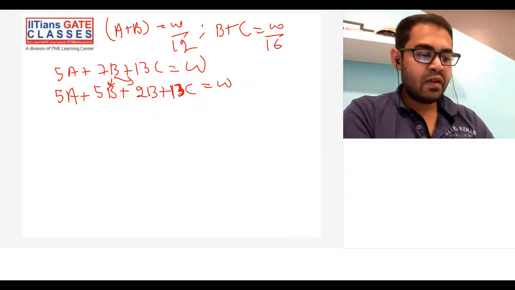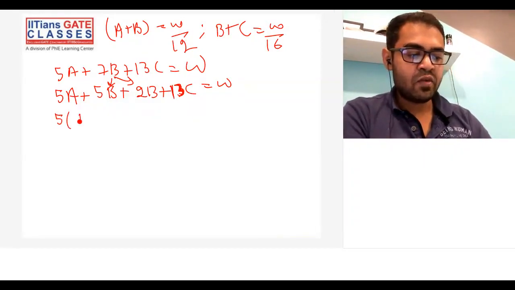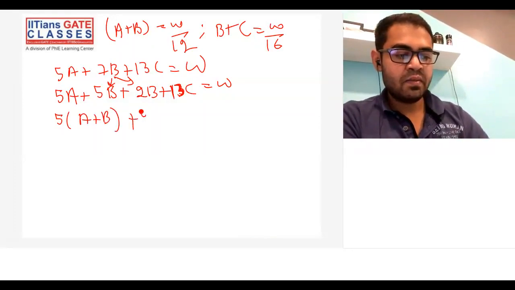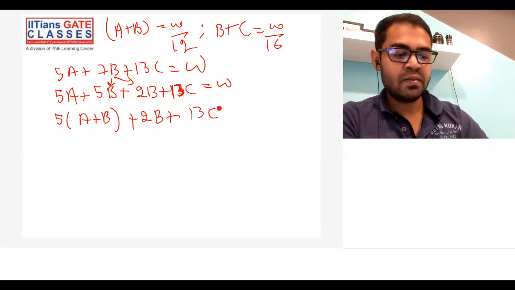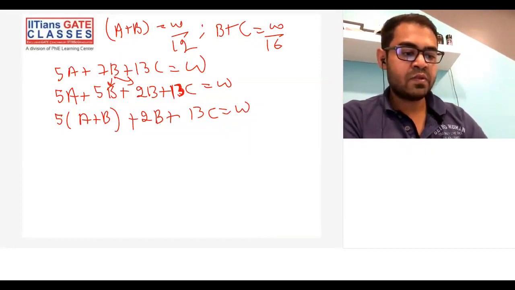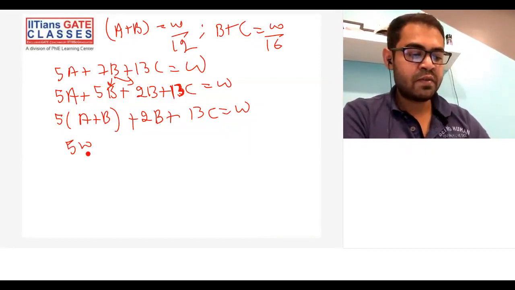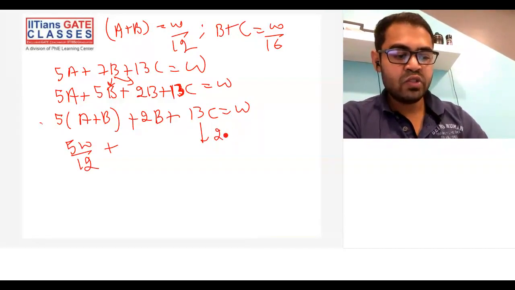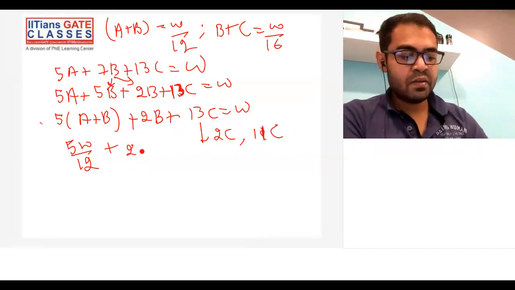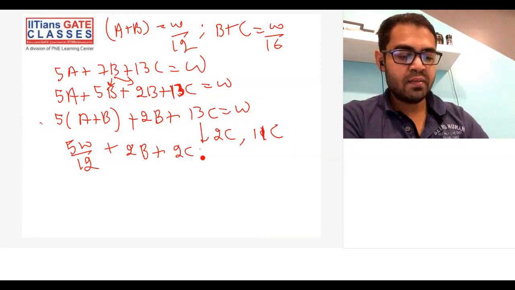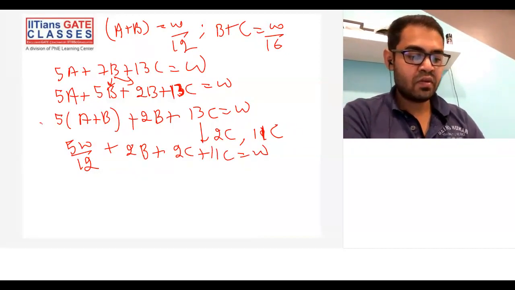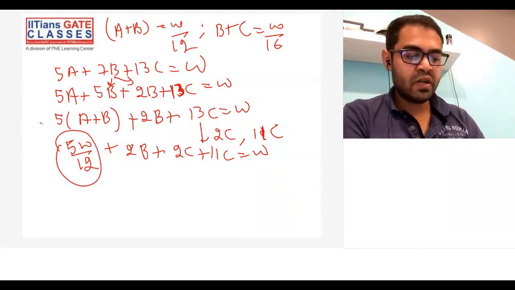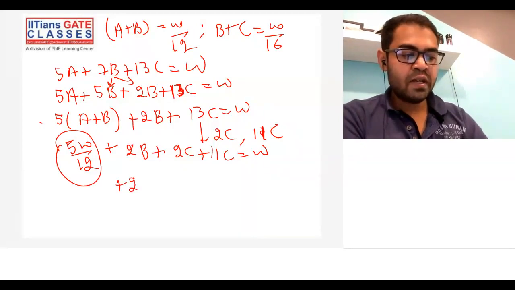So in 5A plus 5B, I can take 5 common. This becomes 5 times A plus B, plus 2B, and 13C remains as it is. Now A plus B I can substitute as W by 12, so this becomes 5W by 12. Similarly, C I'll split as 2C and 11C, so this becomes 5W by 12 plus 2B plus 2C plus 11C is equal to W. Now I'll take 2 common here, and B plus C I'll substitute as W by 60.